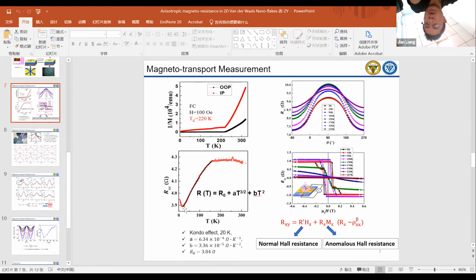So the Rxy reaches maximum not at 5 Kelvin. Maybe it's at 20 Kelvin, but our Hall resistance loop doesn't measure at 20 Kelvin. So it's 50 Kelvin that is the maximum. Thanks a lot. I got it.